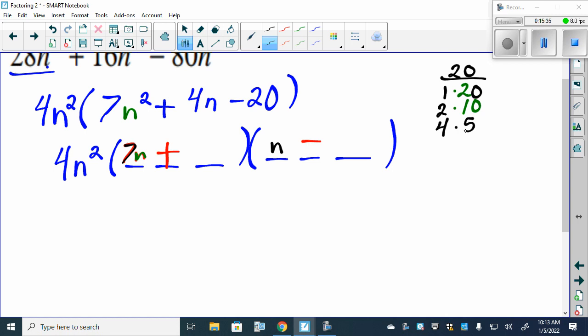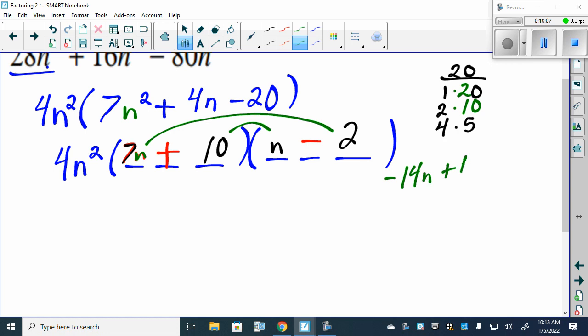Which one do we want to try first? 2 and 10? Okay, so let's try flipping 10 and 2 first. And if we do this here, 7n times negative 2 would be negative 14n, and 10 times n is plus 10n, which gives us a negative 4n.